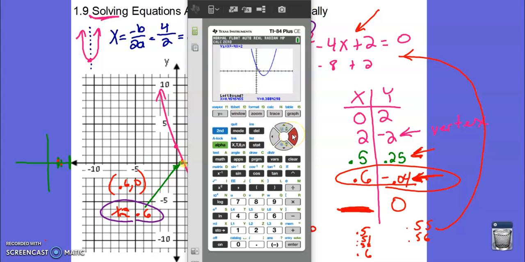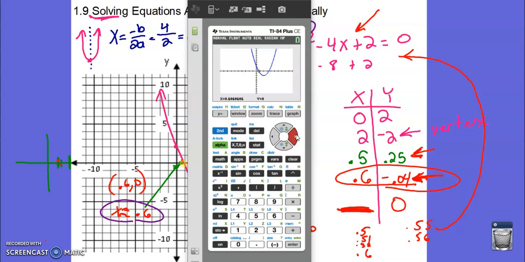So you literally move the cursor to where you think the 0 is, go to the left of that, press enter, go to the right of the 0, press enter, and then go back. It says guess, but you go back to where you think the 0 is, and you press enter, and notice 0.58 is your answer. So I highly suggest you don't just move the cursors. A lot of students just move the cursor and say, oh, it's 0.6.